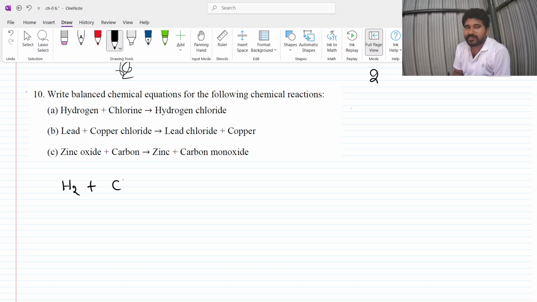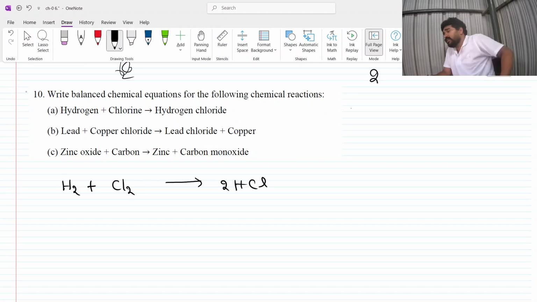H2 plus Cl2 gives HCl. See, first don't give preference to the numbers, the front numbers. And the compounds or the names, first you write perfectly. Write the compound names perfectly. Understand? So now check, is it balanced?